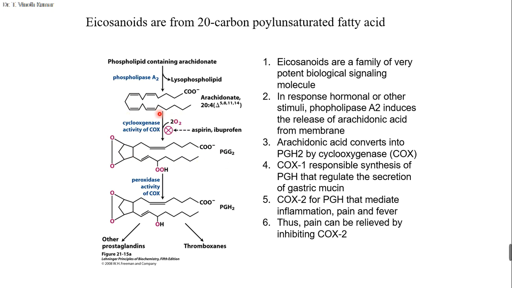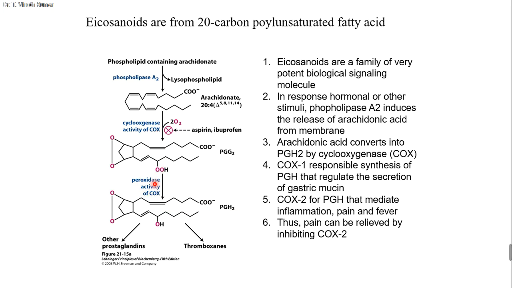So the arachidonic acid is going to be modified to PGG2, and this PGG2 has an OOH group. By the peroxidase activity of COX, this OOH will be converted into OH, and this is called PGH2. PGG2 is converted to PGH2 by the peroxidase activity of COX. So there is the cyclooxygenase activity of COX, and at the same time the peroxidase activity of COX.